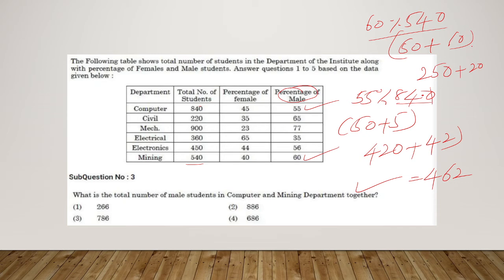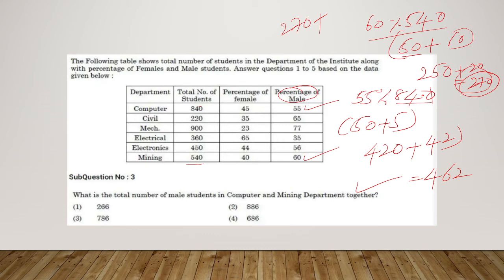Otherwise we can divide by 2. Half means divided by 2. In that way also we will get 270. That is 270 plus, this is only 50% and plus 10%.